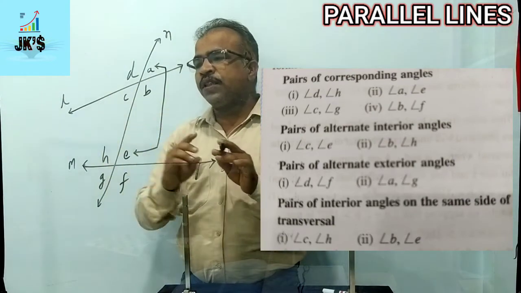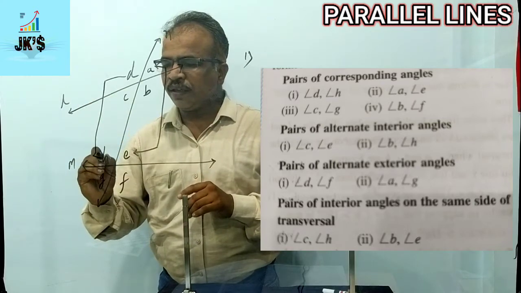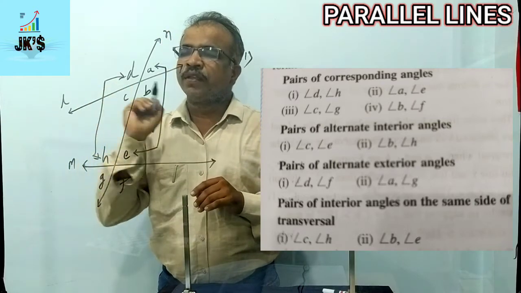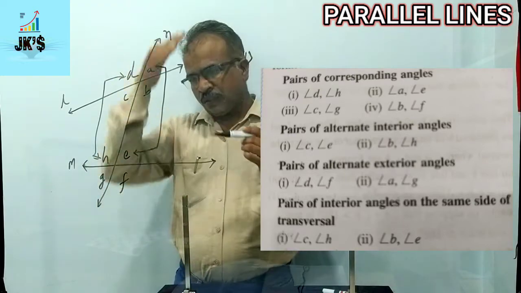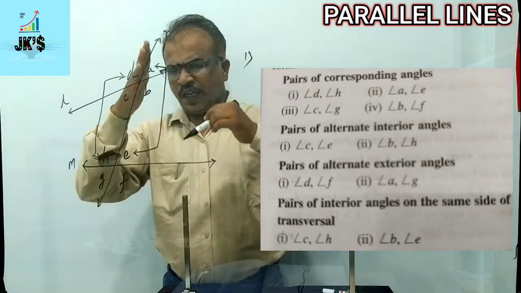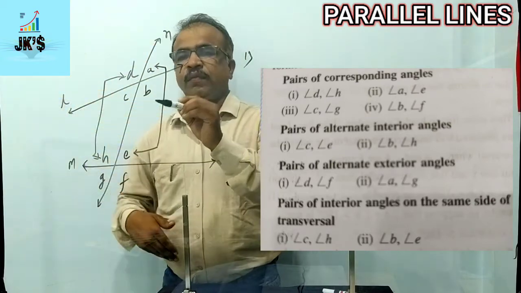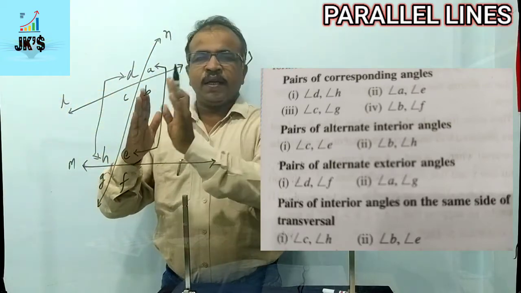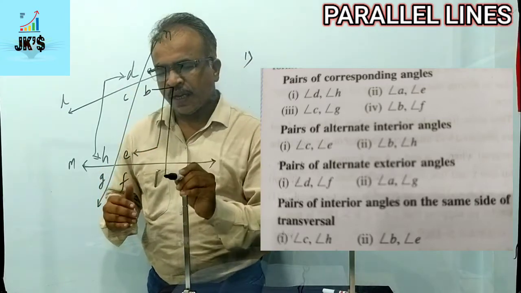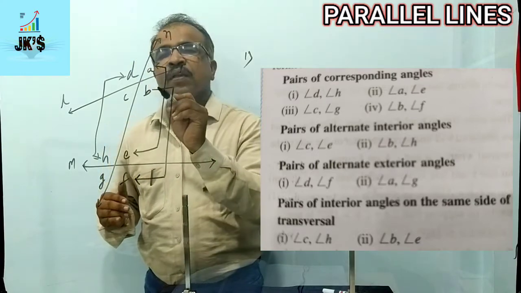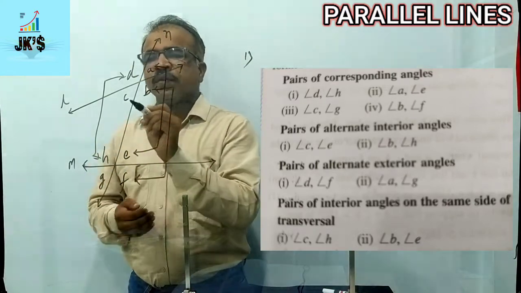Similarly, on the opposite side, angle D and angle H are another pair. When we consider the downward direction, this side on the transversal is in the downward direction and the remaining side is on this side. So angle B and angle F are the third pair of corresponding angles.